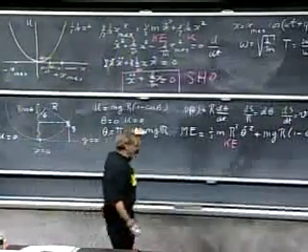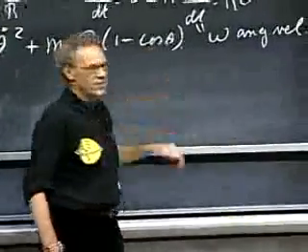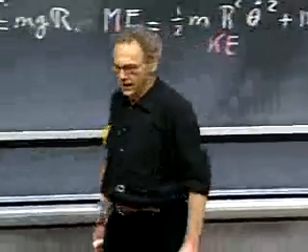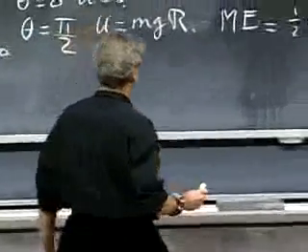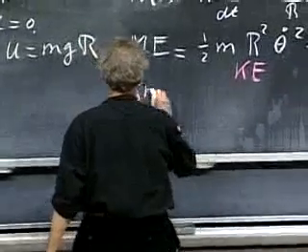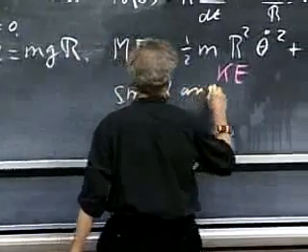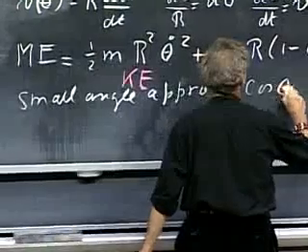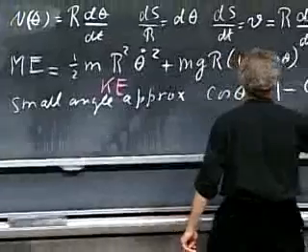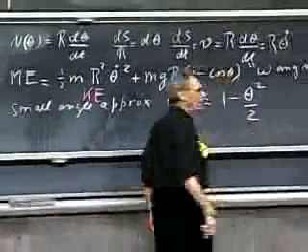This cosine theta is really a pain in the neck. And therefore, what we're going to do is something we have seen before. We're going to make a small angle approximation. And we're going to write for cosine theta: 1 minus theta squared divided by 2.